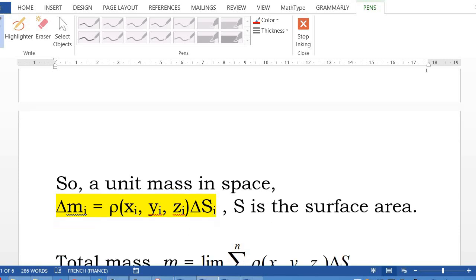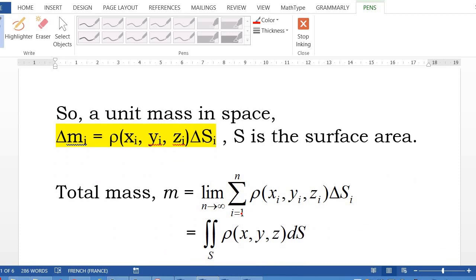If we sum the unit masses of the lamina from 1 to n, and n approaches infinity, this is equivalent to the surface integral of rho(x,y,z) dS.